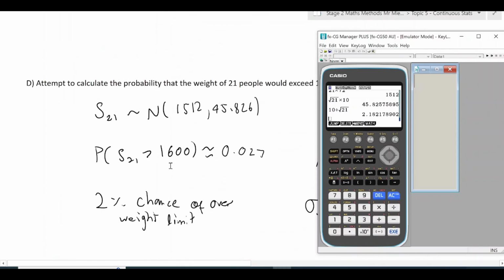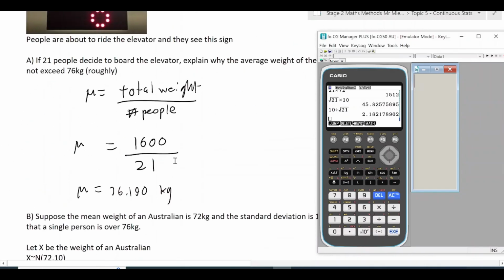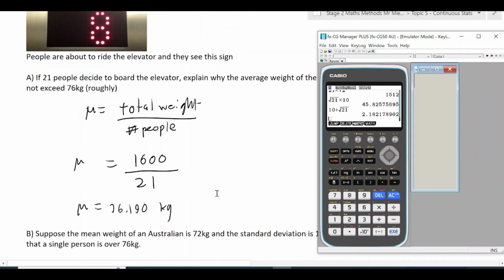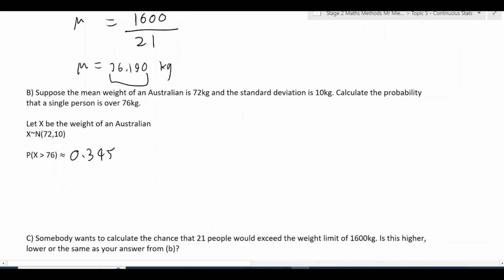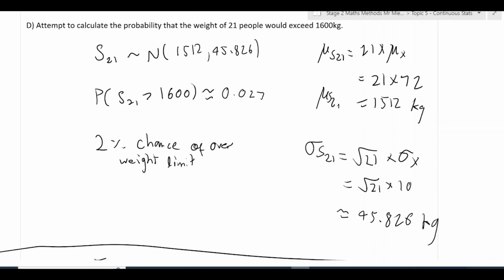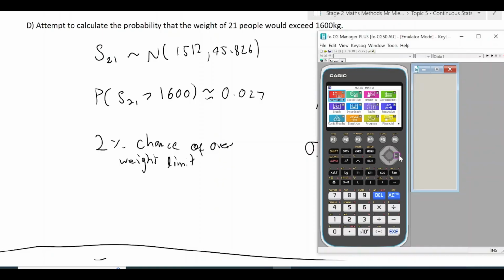In theory, this should actually give us the correct answer. I think probably the issue is 76.190 kilograms. If I use that as my lower instead, 76.190, that will probably give me a much better idea of what the probability should be.